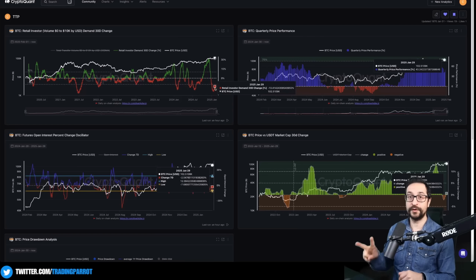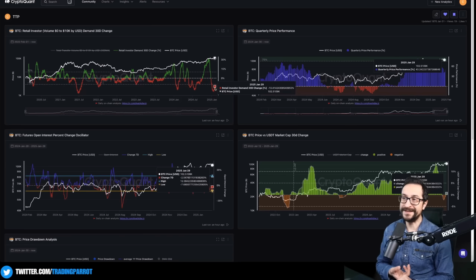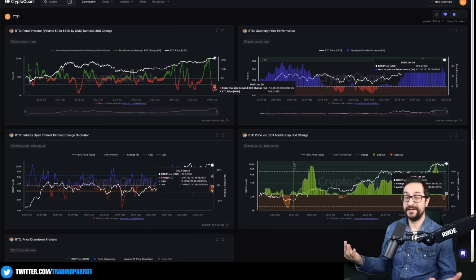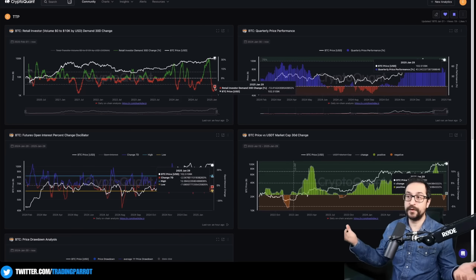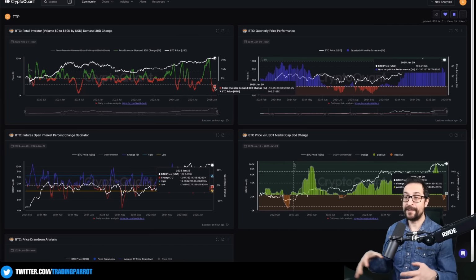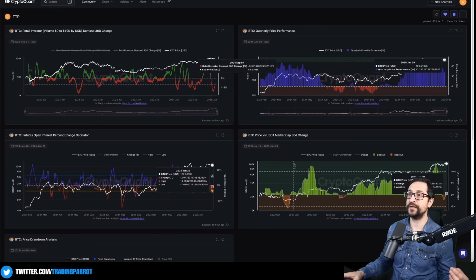And there are two short answers for why that is. Answer number one is because retail doesn't enter this early. They got smashed entering at the very highs of 110, suspecting that it was gonna go to 150, and right now they're still underwater. Some of them already closed their positions at a loss.